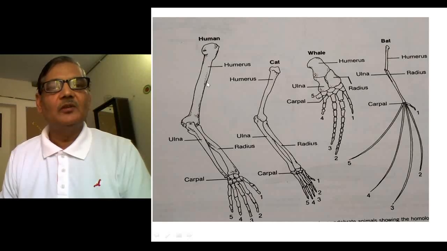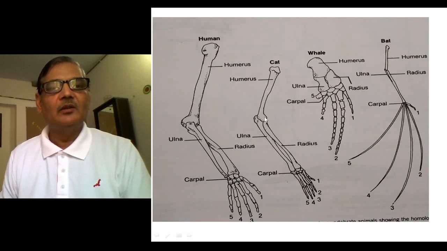If you see such structures in their real shape, you will find that we use our forelimbs in performing a number of functions. We can manipulate different functions by using our fingers, and our hand is capable of performing a lot of functions.